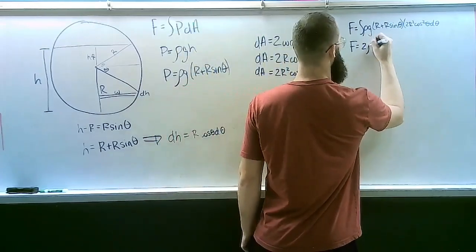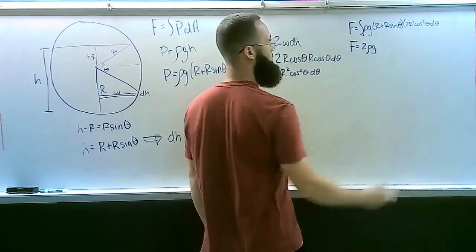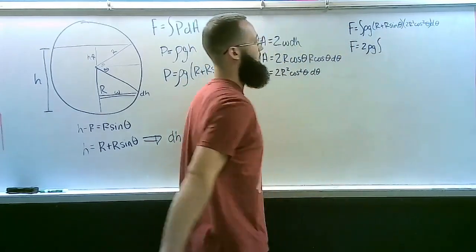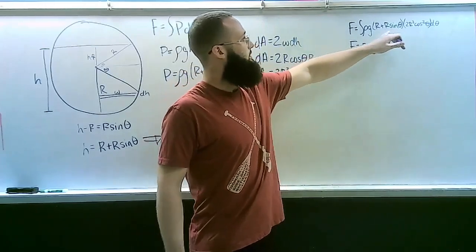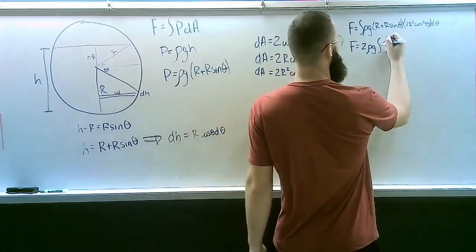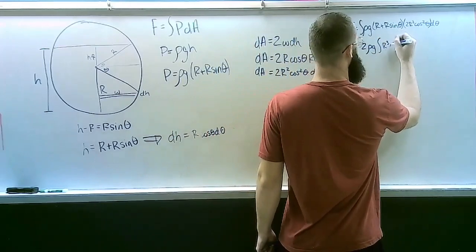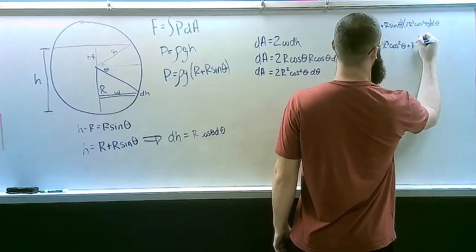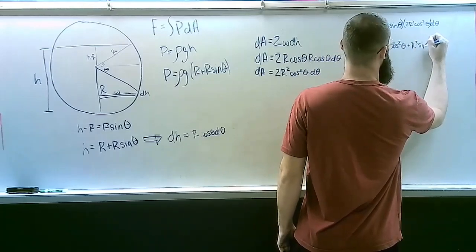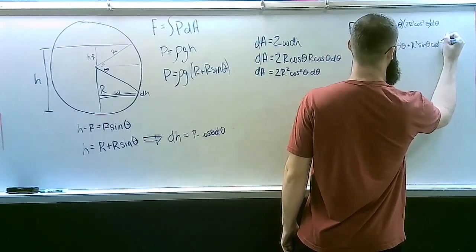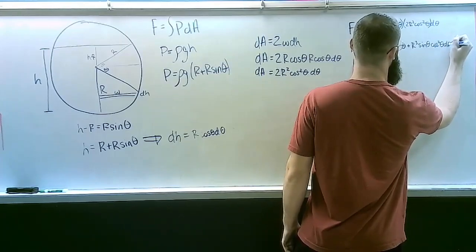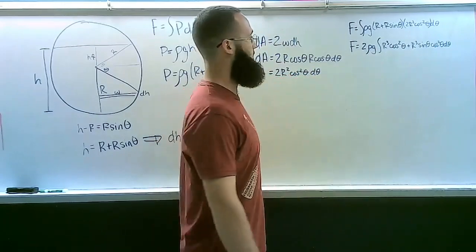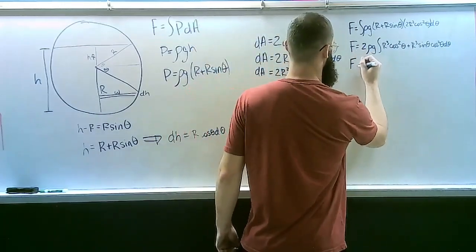So that gives us 2 rho g outside of the integral. And then I'm going to multiply these two together. So that gives us r cubed cosine squared theta plus r cubed sine theta cosine squared theta d theta. And from here, we can factor out an r cubed, which will also be a constant. So we can bring that out of the integral.